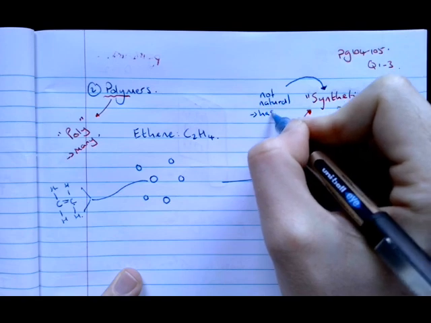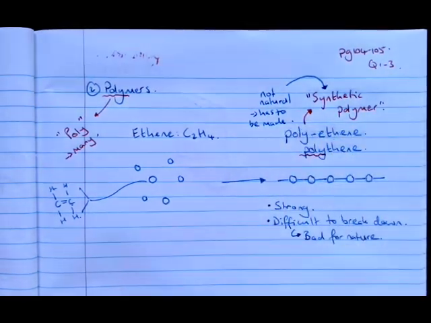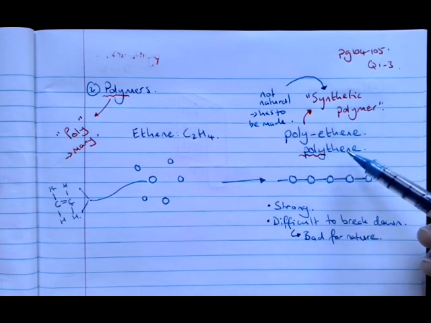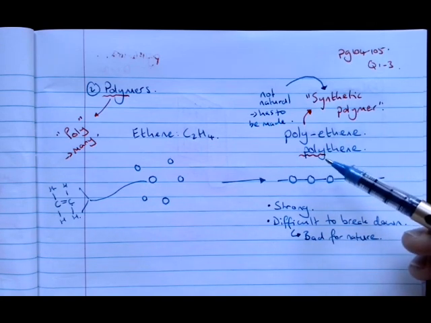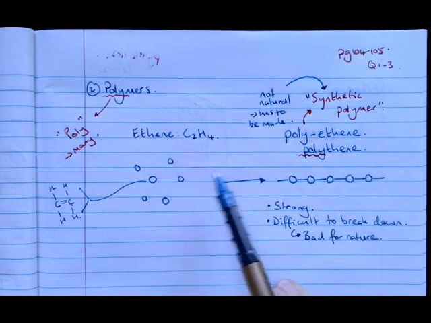Has to be made. So plastic bags don't grow on trees, I guess you could say. There's no polythene naturally occurring. We take ethene and we make it into polythene.